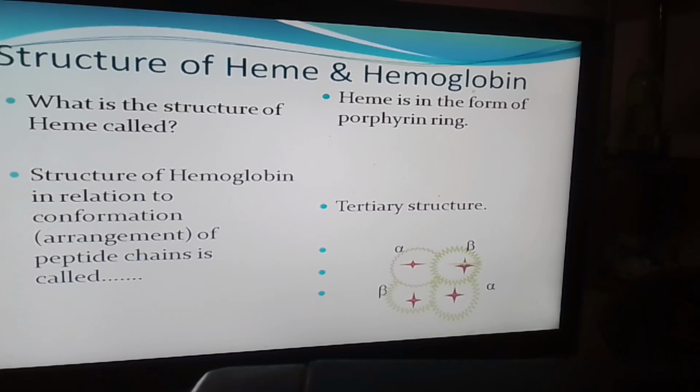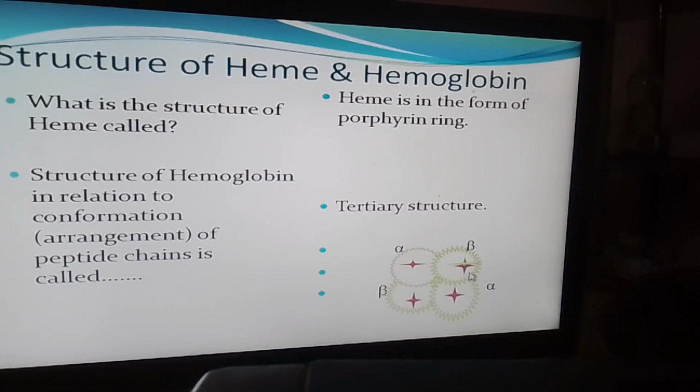And here one hemoglobin contains 4 heme units, and each one is packed into each of the chains. Here you see the red colored structure is the heme surrounded by one of the amino acid chains, peptide chains.